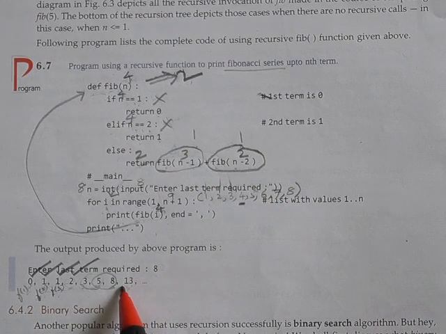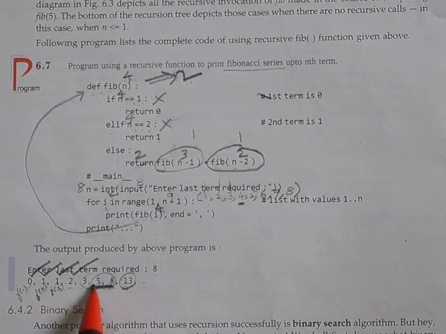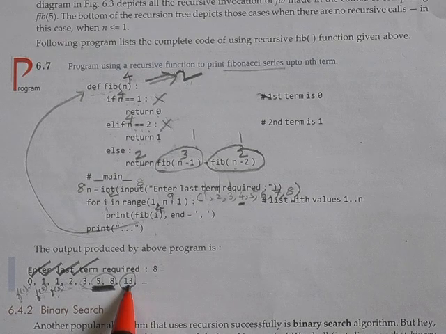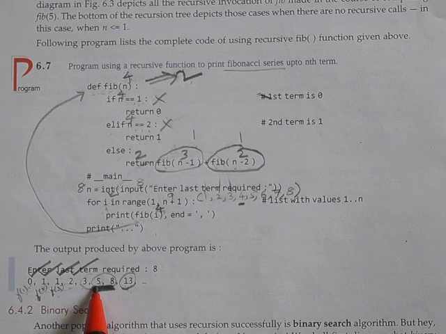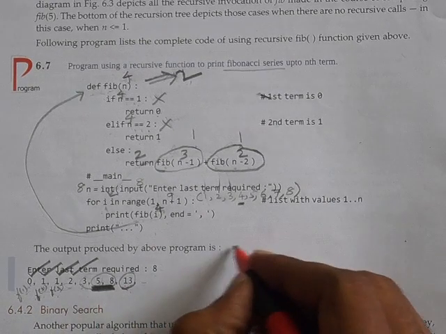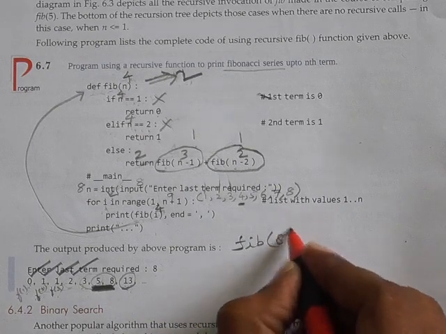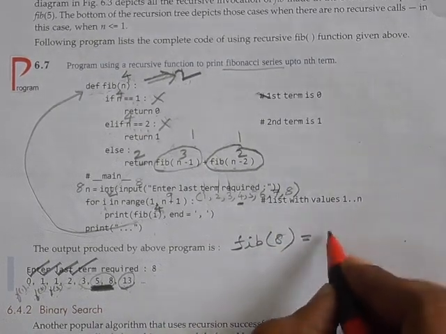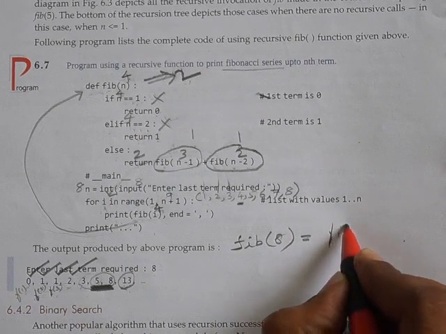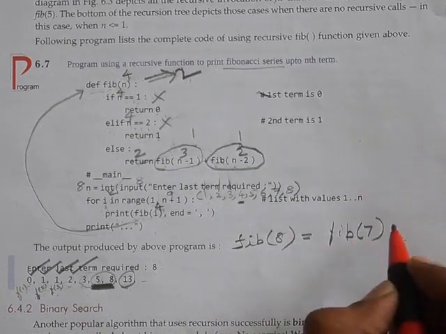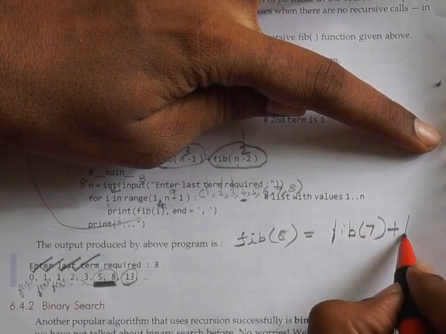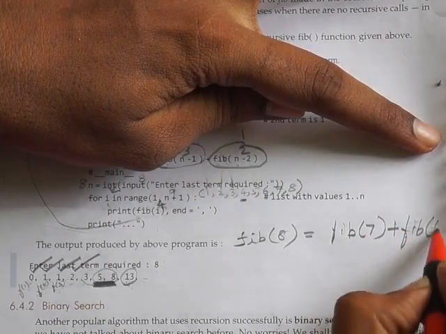If you want to get this value, you have to add the previous two values. Fib(8) means you have to add fib(7) and fib(6).